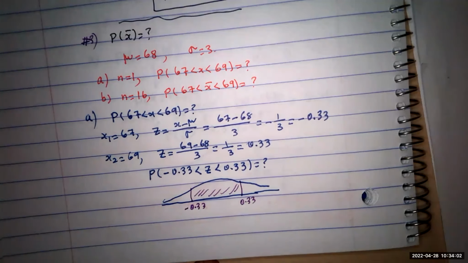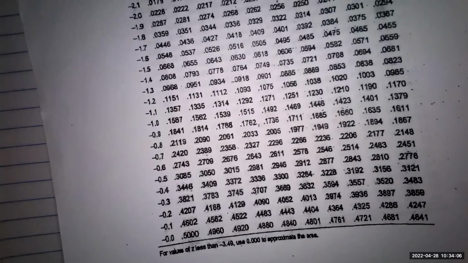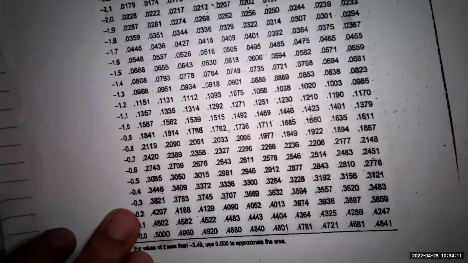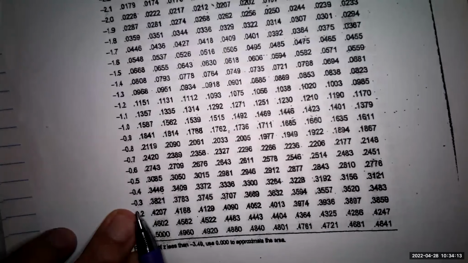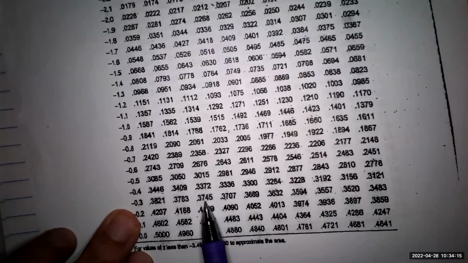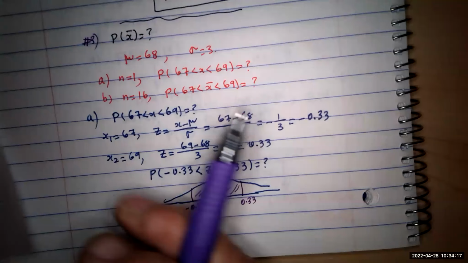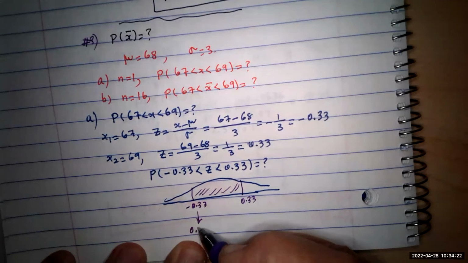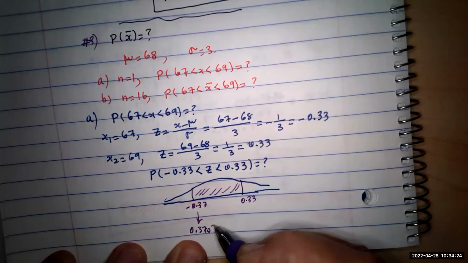So we go to the table and you read these two numbers from your Z curve. For negative 0.33, the value is 0.3707.